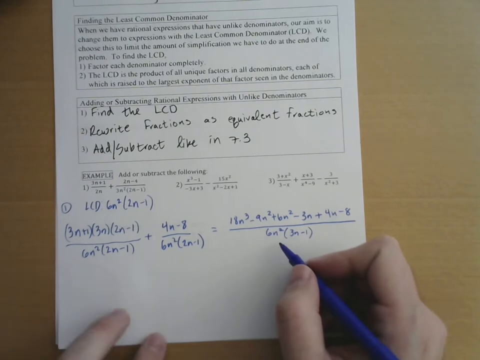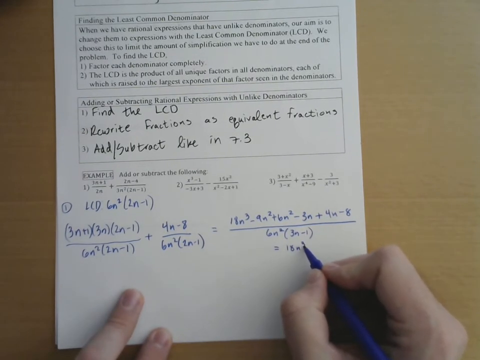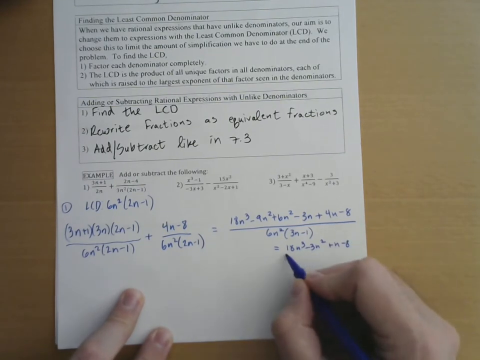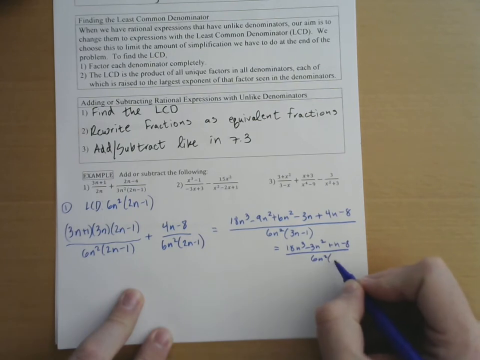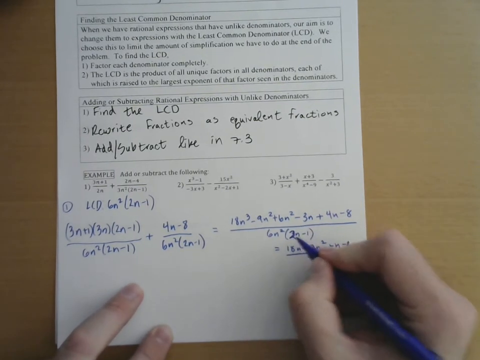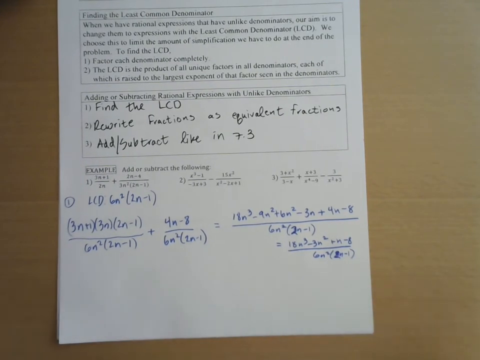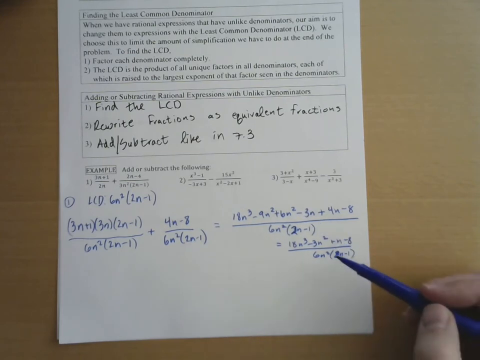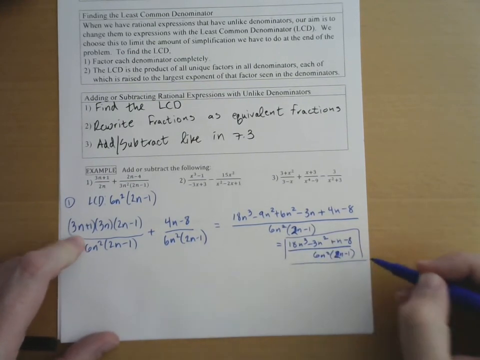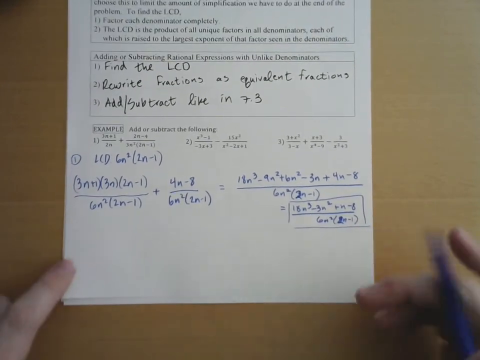And then when we simplify, this simplifies down to 18n cubed minus 3n squared plus n minus 8 over 6n squared times 2n minus 1. I am going a little fast here only because this is just simplification to go from here to the final answer, just adding up and subtracting the like terms. We should have a good amount of practice of that at this point.